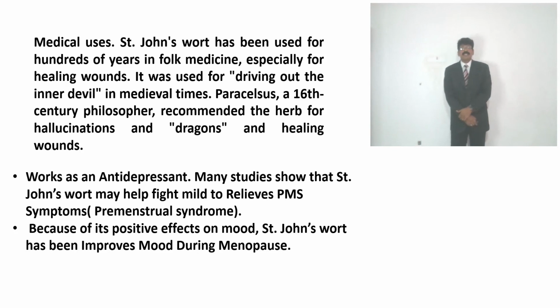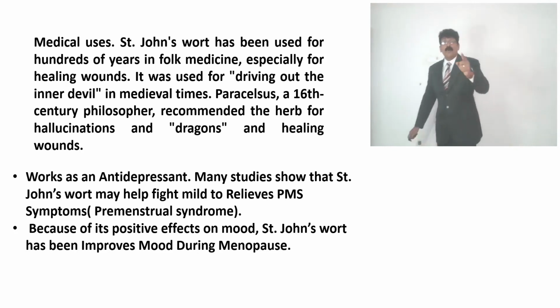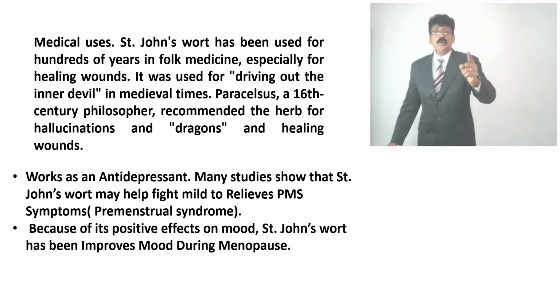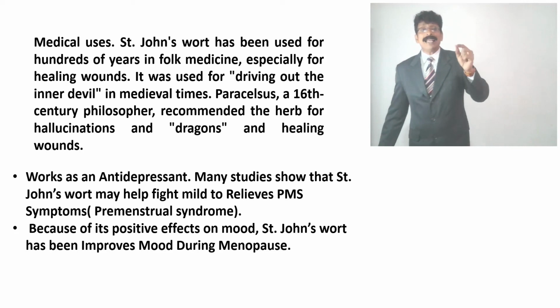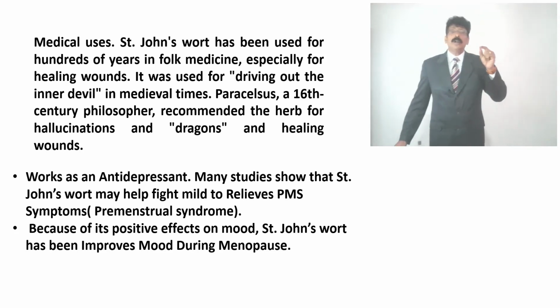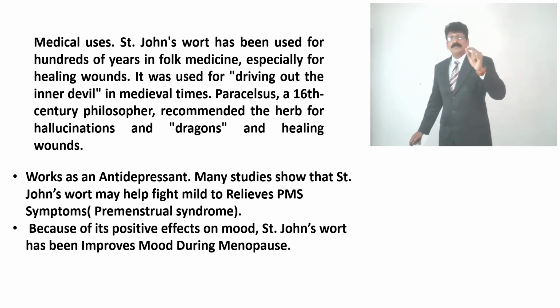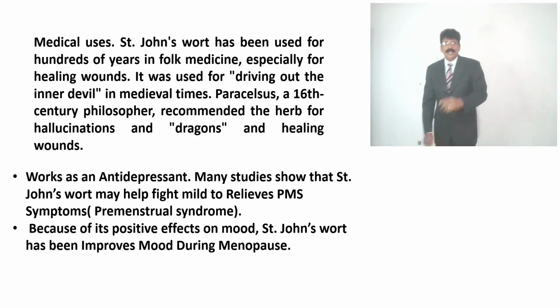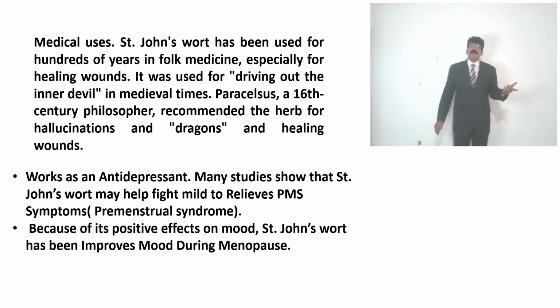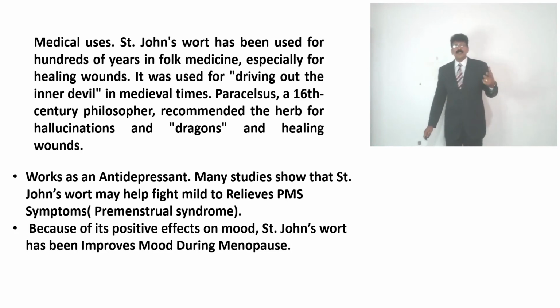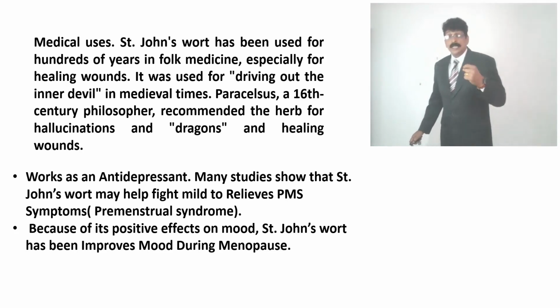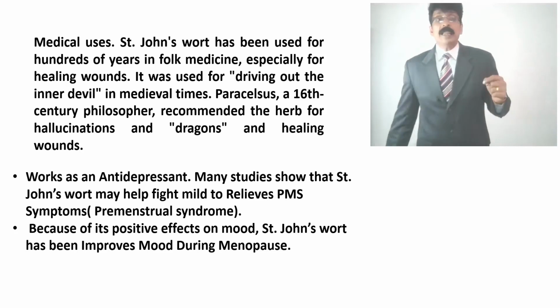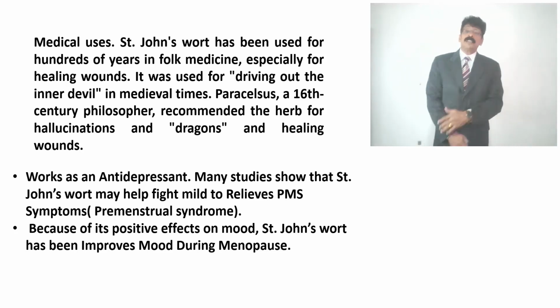Because of its positive effect on mood, St. John's Wort has proved to improve mood during the menopause stage also. Even in premenstrual syndrome it can be used. It is also a more useful drug in the menopause stage in women.